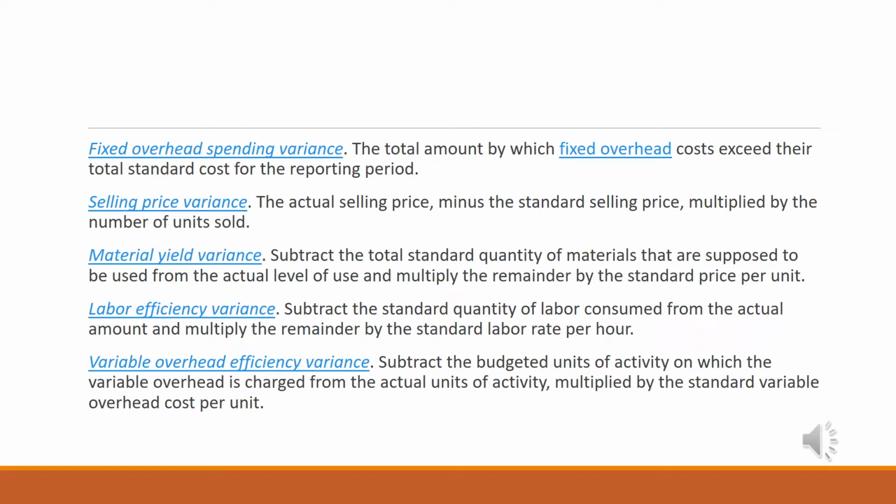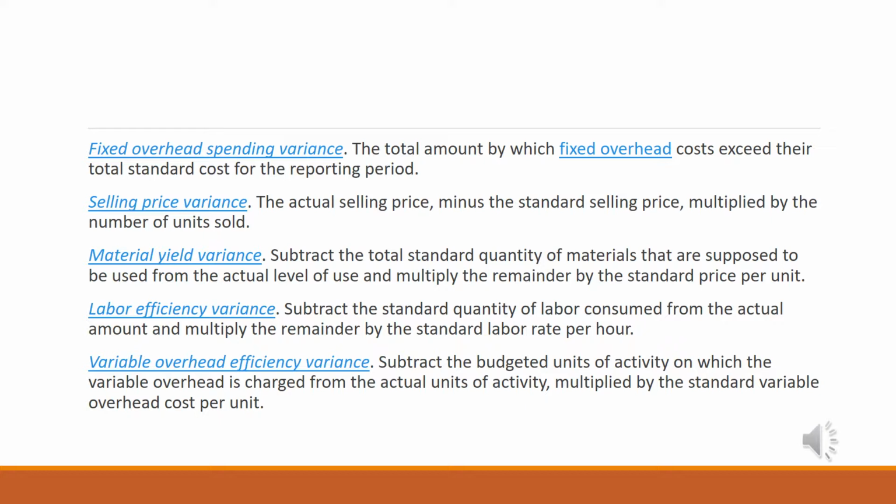Fixed overhead spending variance: the total amount by which fixed overhead costs exceed their total standard cost for the reporting period. Selling price variance: the actual selling price minus the standard selling price, multiplied by the number of units sold. Material yield variance subtracts the total standard quantity of materials that are supposed to be used from the actual level of use and multiplies the remainder by the standard price per unit.